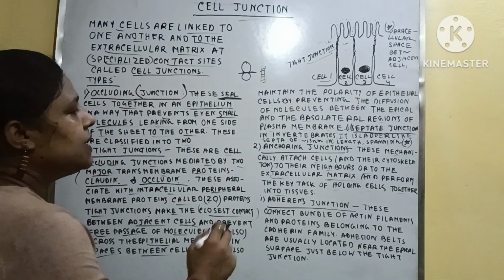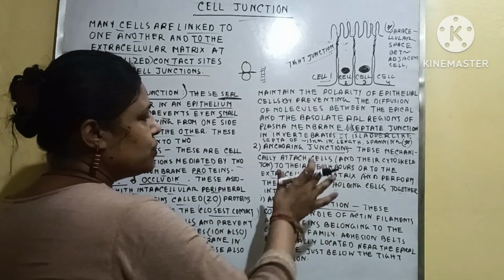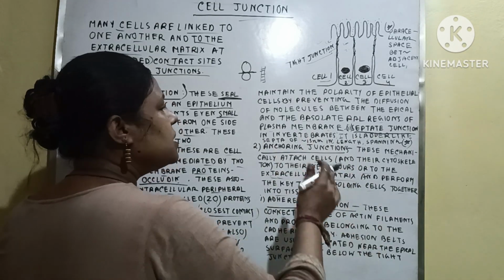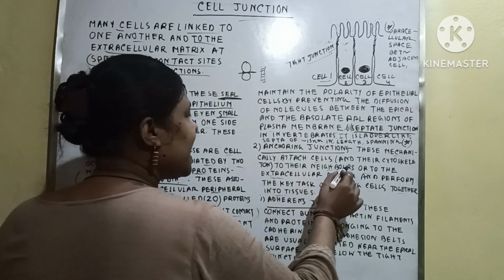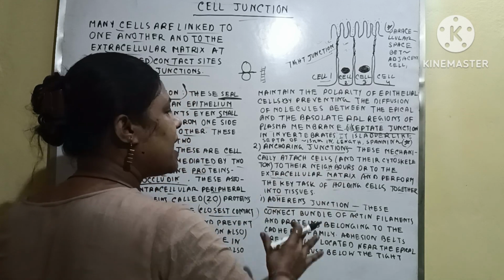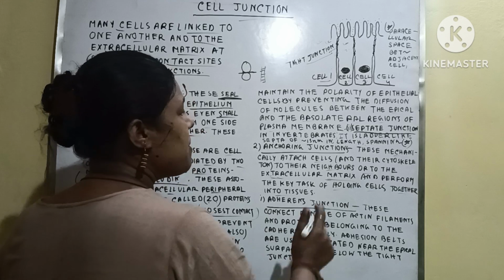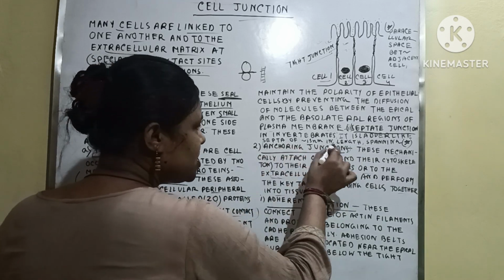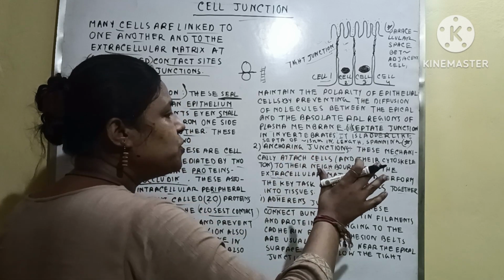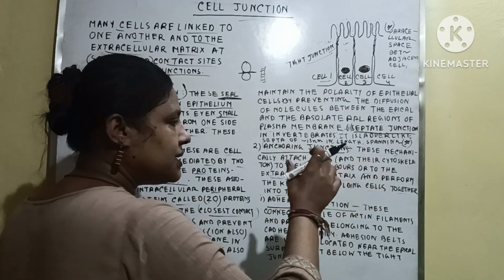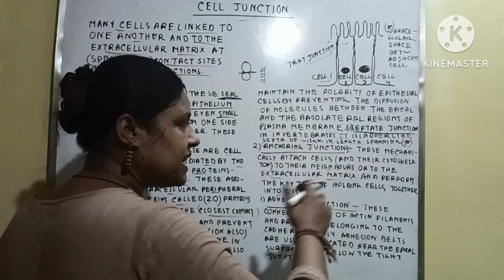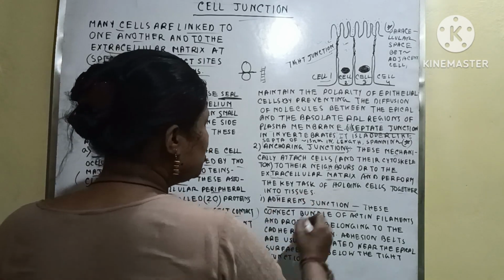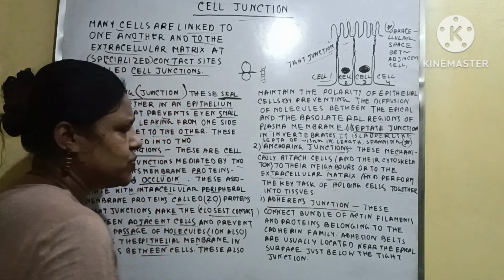That means adjacent cells are attached, or the cells in the extracellular matrix are attached with each other by this anchoring junction. This junction's role is to attach the cells tightly with themselves and to form the tissues.